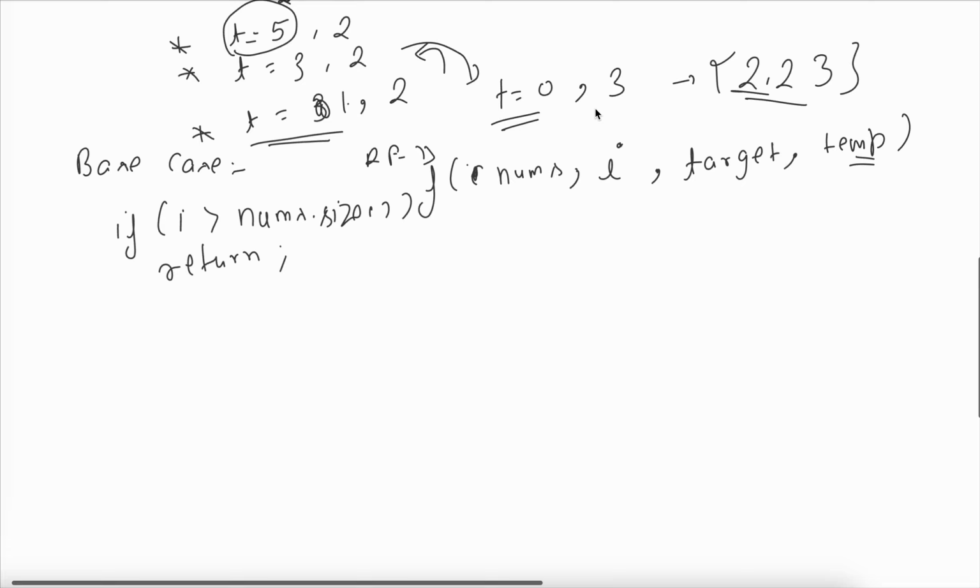It means we don't need any more numbers or anything else to check. If our target is 0, that combination is valid and we can include it in our answer. So we push back that temp into the answer and we return.